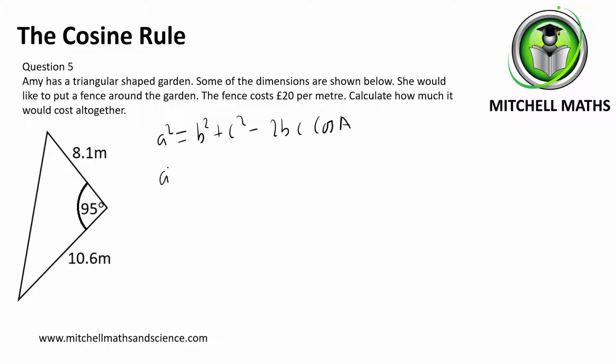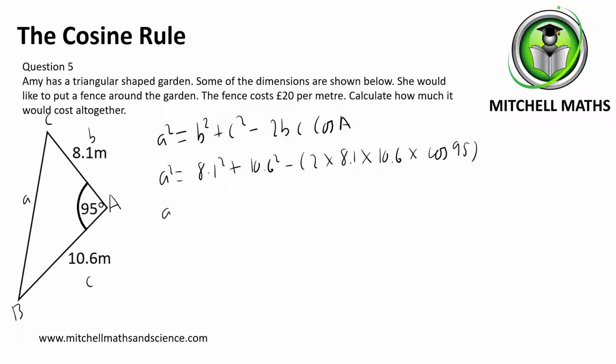Right, okay, so I'm going to need to label this. I'm going to label the angle A because you always need to do that. It doesn't actually matter which way B and C go. 8.1 squared plus 10.6 squared minus 2 times 8.1 times 10.6 times cos 95.